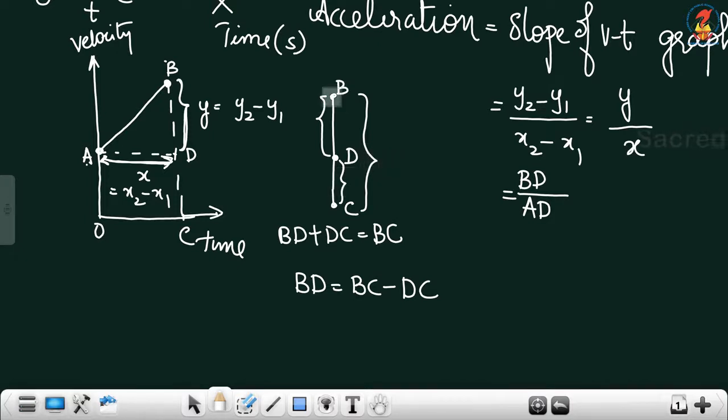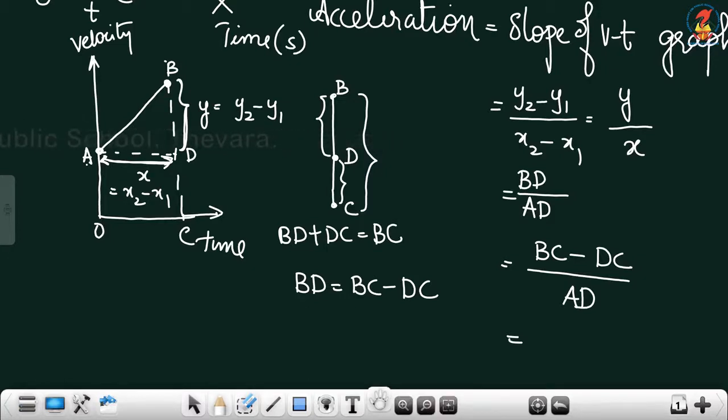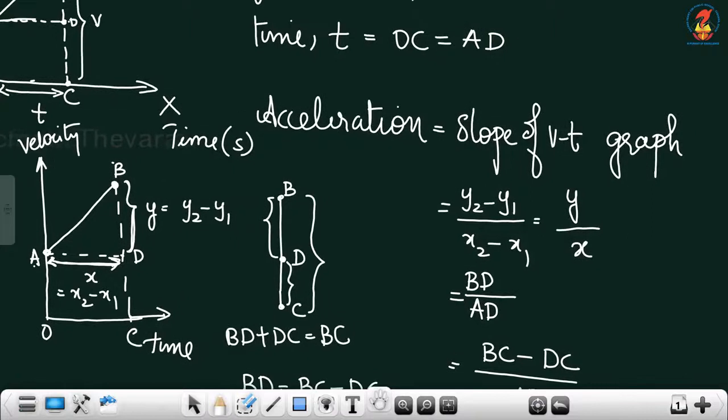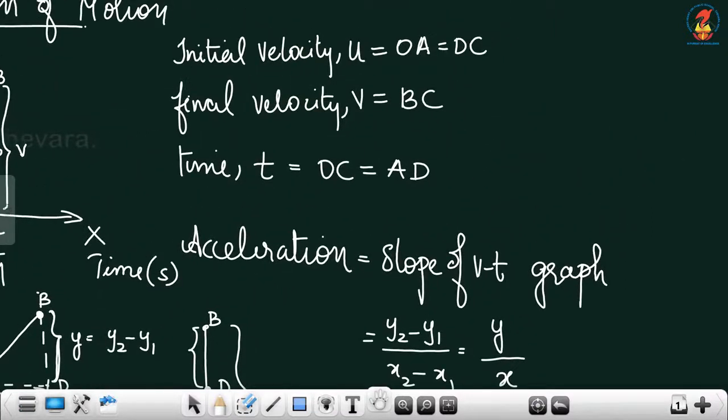So, you will get BD. Now, you will substitute this BD here. So, that is equal to BC minus DC by AD. Now, from here, what is BC? BC is V, isn't it?